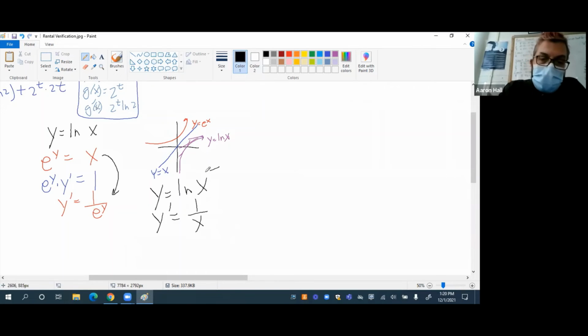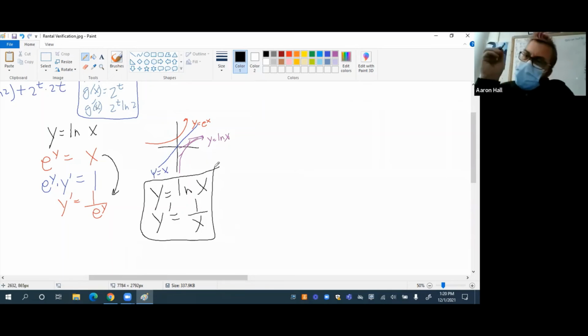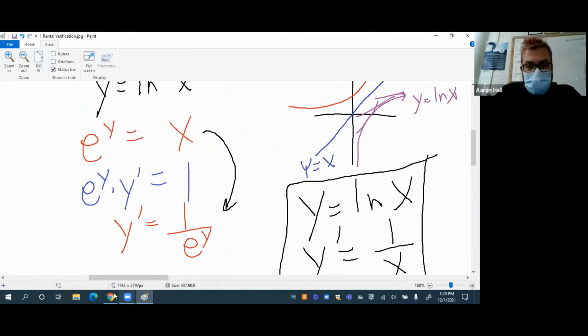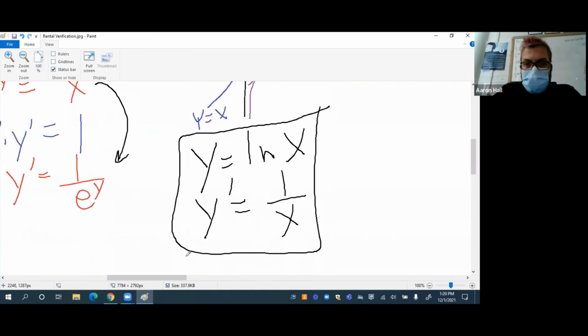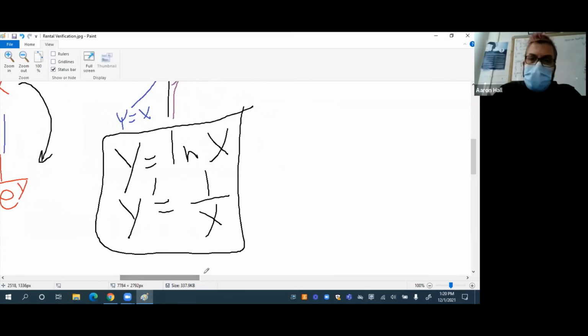Now, some of you might be looking at this and saying, it seems like you could do this with a polynomial. Is there some way that we could rewrite that with a polynomial? I'm going to use the power rule: y equals a times x to the power of n.